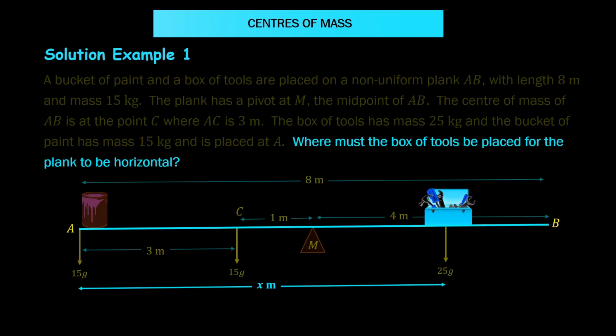Suppose that the length from A to the place where the box of tools is placed is x meters. We're going to find where the box of tools must be placed for the plank to be horizontal.